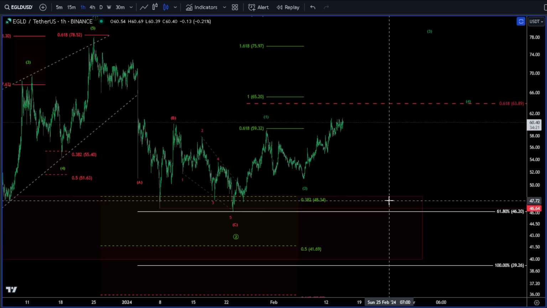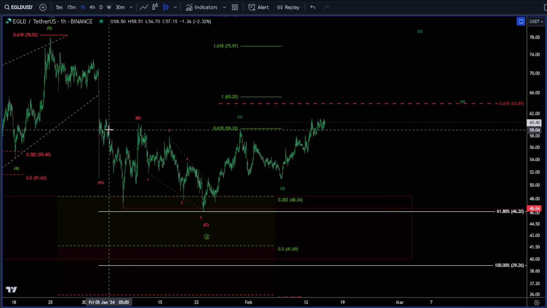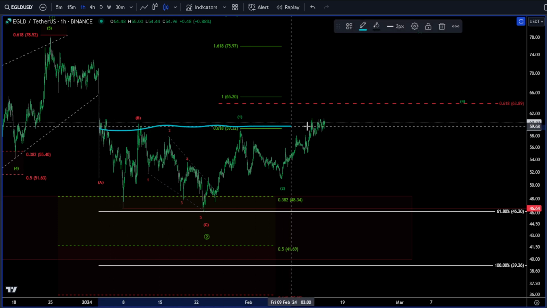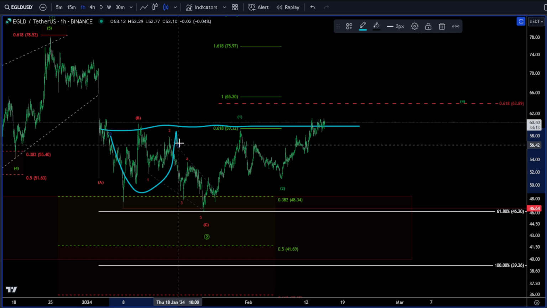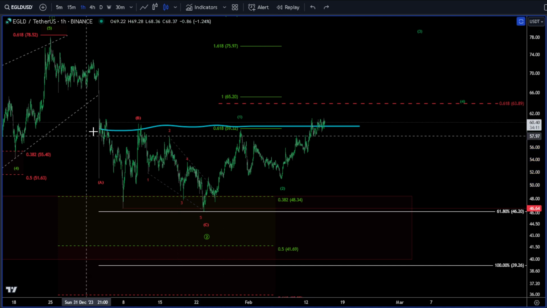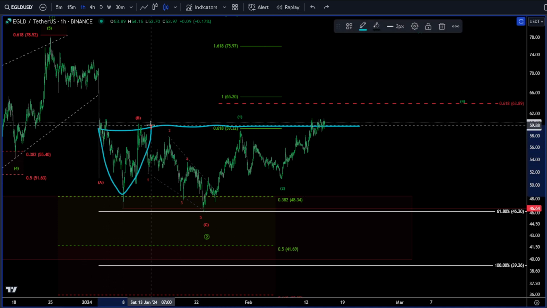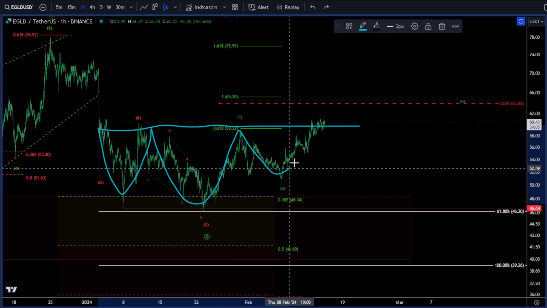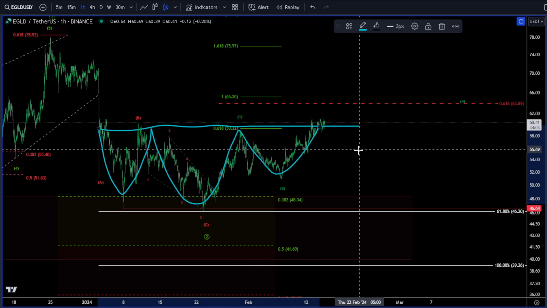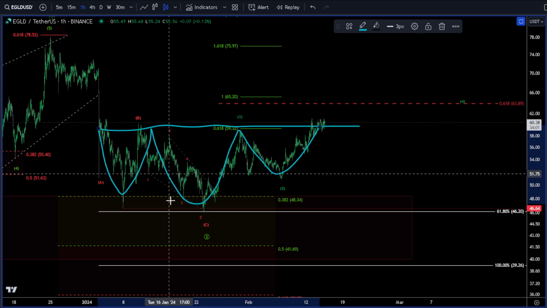We're consolidating nicely, and if you're more of a pattern trader, check this out. We have a head and shoulders. I don't really use these patterns, but I do pay attention to them when there's a potentially bullish count, because there are people that are trading this.